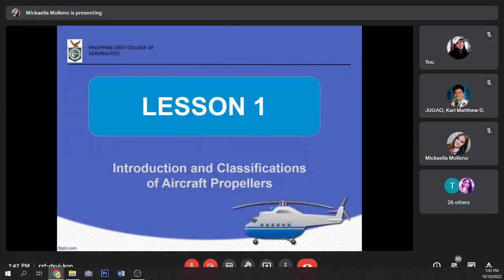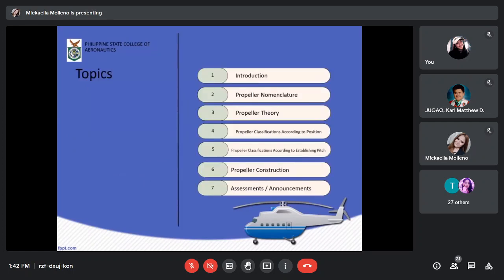Our propeller and helicopter. Okay, so as I've told you sa ating orientation, all of the topics that we are gonna cover for the prelim is under ng propeller. So this presentation, it is an introduction and classifications of aircraft propellers. So these are the following topics that we would be discussing.